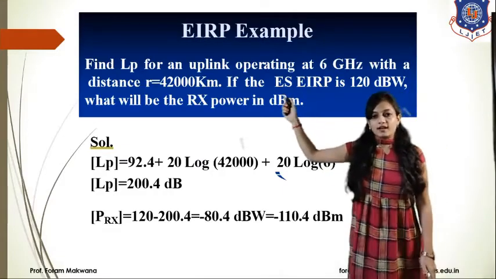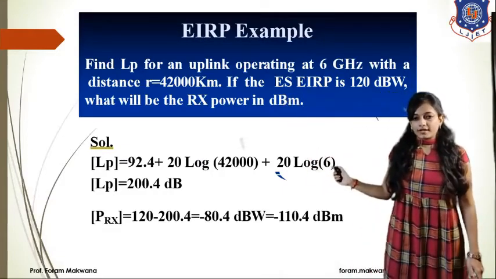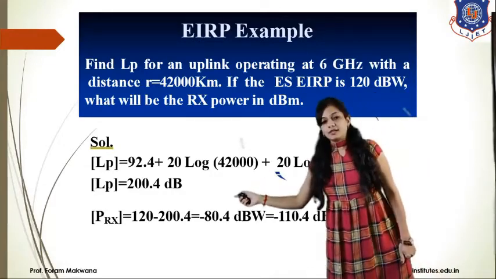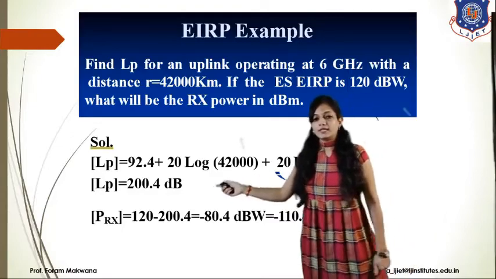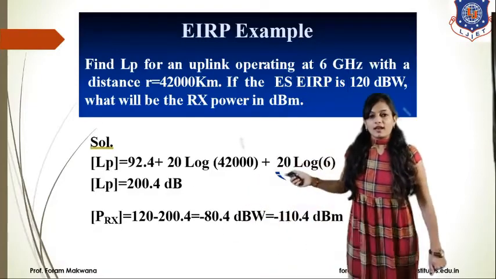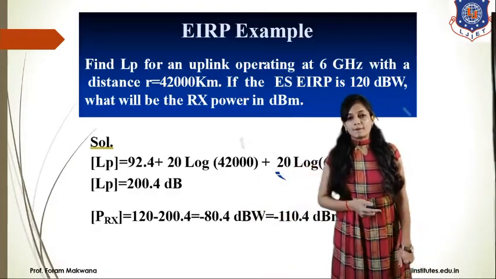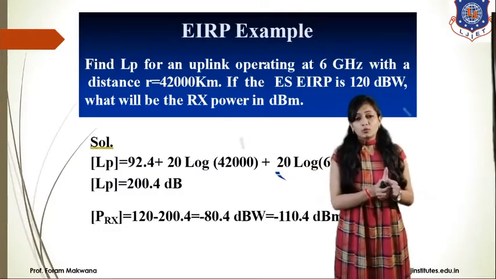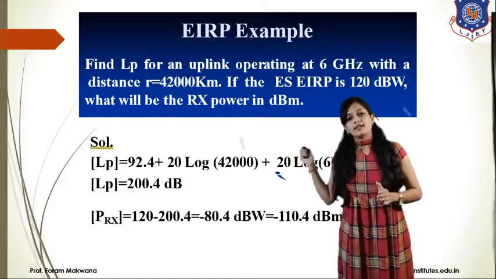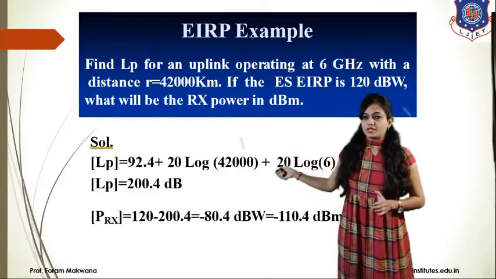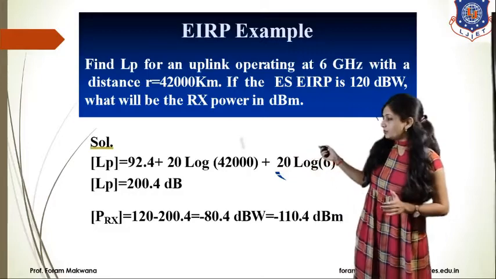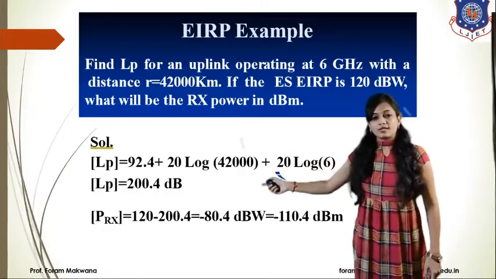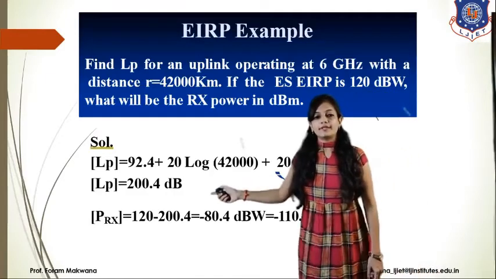So 6 gigahertz here. We can calculate LP. This quantity will be in dB because, as we have seen in the last PPT, this is the way to convert free space path loss into decibel. This is the formula that you need to remember. So my free space path loss is 200.4 dB.